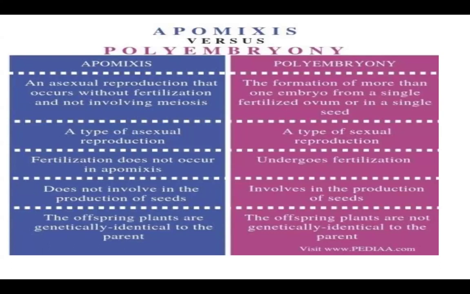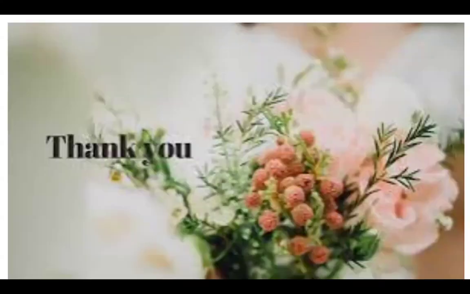In apomixis, fertilization does not occur, and in polyembryony, it undergoes fertilization. In apomixis, the offspring are genetically identical to the parent, whereas in polyembryony, the offspring are not genetically identical to the parent. So that's it, and thank you.